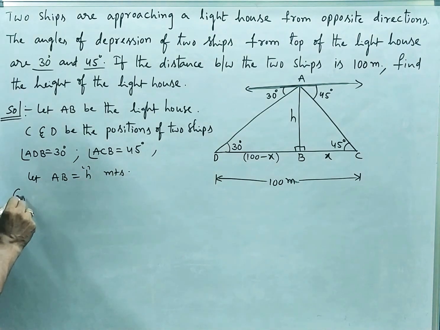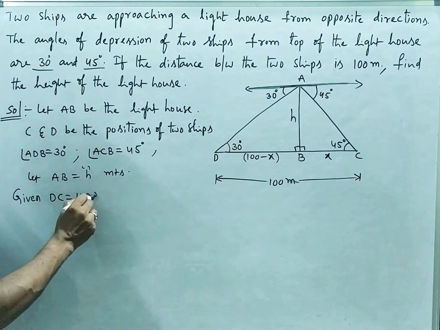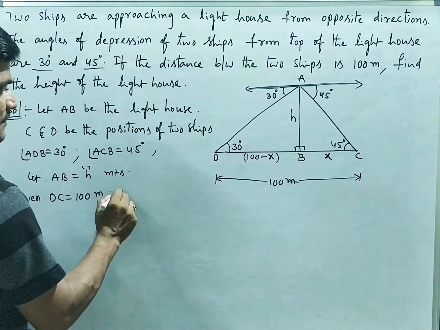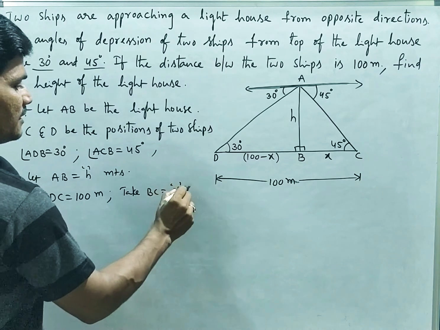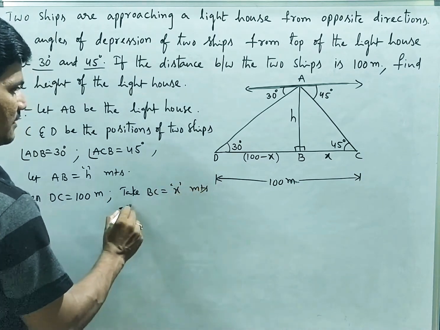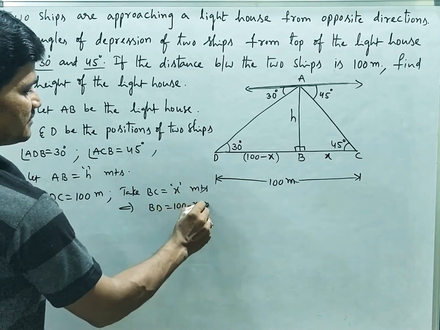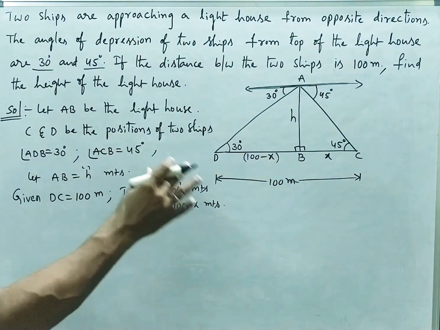Given, the distance between the two ships CD is equal to 100 meters. If you take BC equal to x meters, then BD becomes 100 minus x meters. Now all the measurements were taken. Now it is a matter of taking the trigonometric ratios from two right triangles and doing the simplification.